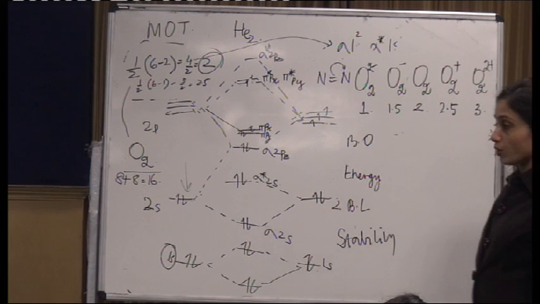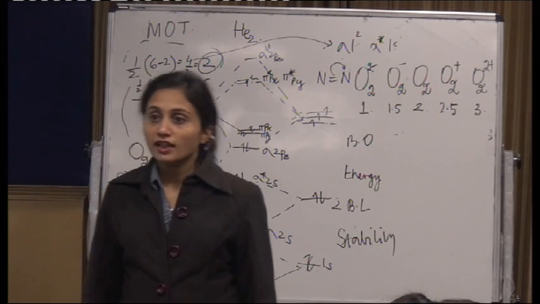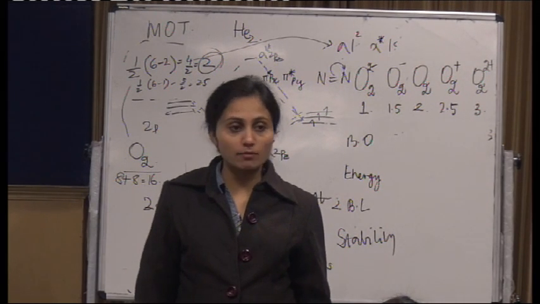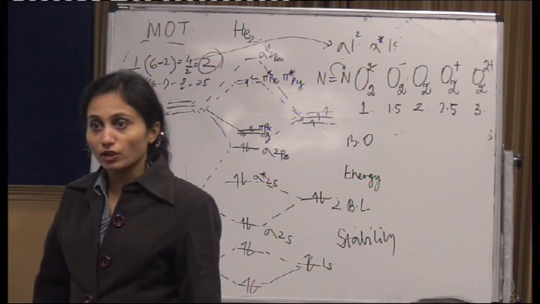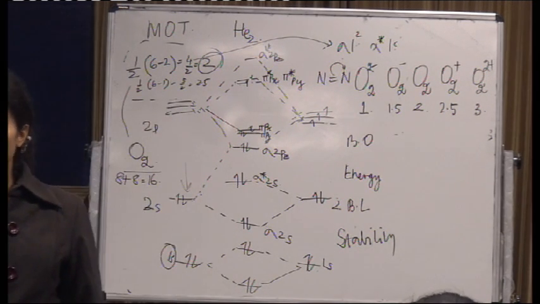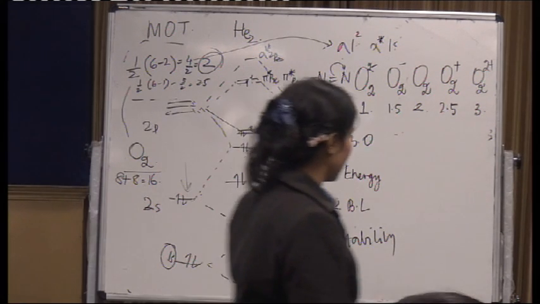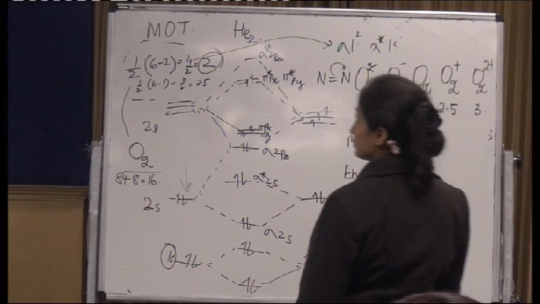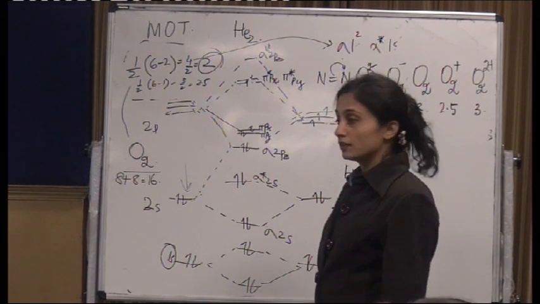Anti-bonding means it's destabilizing. Whenever an electron is removed from the anti-bonding molecular orbital, the molecule gets stabilized. Okay?